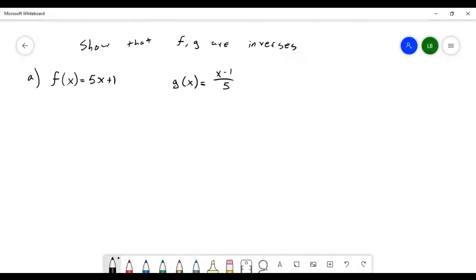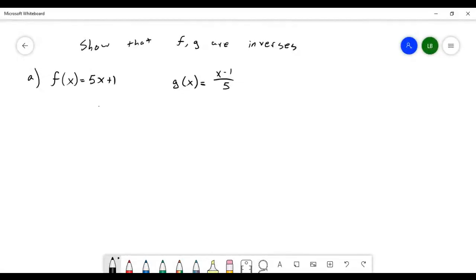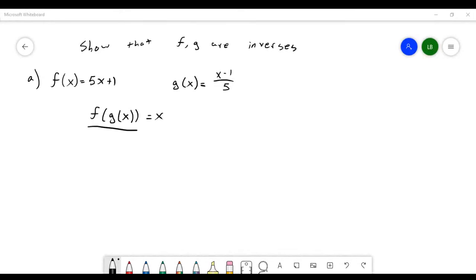Right, we'll talk about that really quick. So, if you remember, f of g of x is equal to x if and only if f and g are inverses. So that means, in order to show that f and g are inverses, we need to take f of g of x. Right.